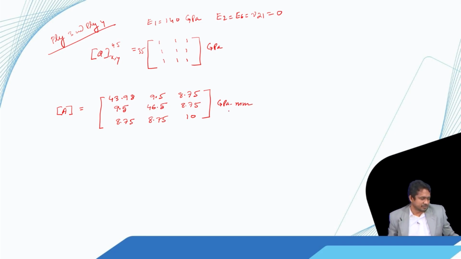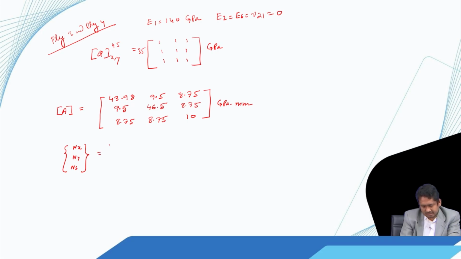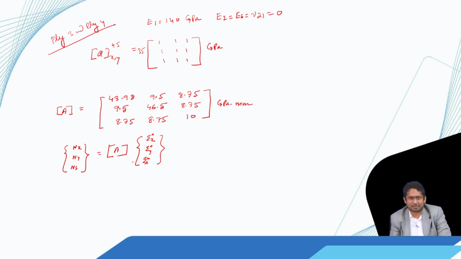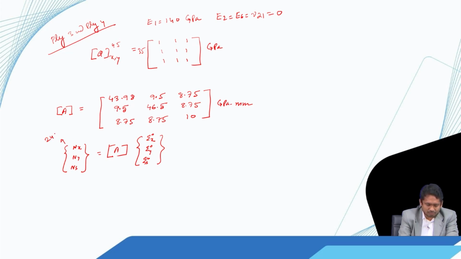Now, we can find out again the strains. So, we know Nx, Ny, Ns, and we have the A matrix, and we multiply epsilon x y s again. So, epsilon x y s are equal to epsilon x 0, epsilon y 0 and epsilon s 0, and this quantity is now 246 Newton per millimeter, this is 0, this is 0.